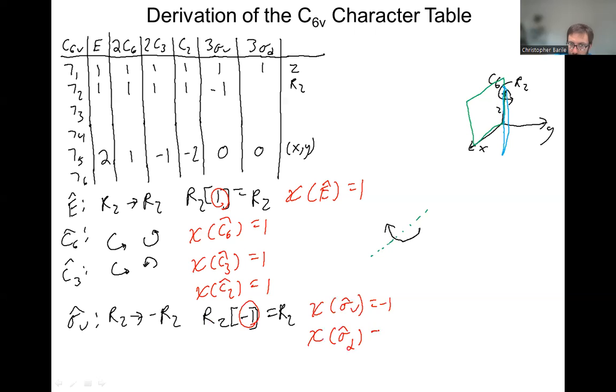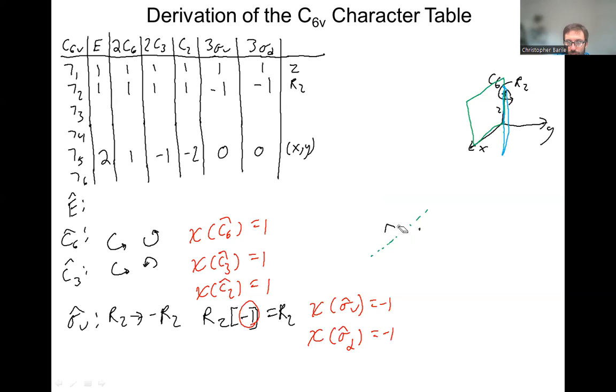So our chi of sigma d is going to be equal to -1. So that's kind of cool. And so we did indeed use this rotation vector to generate a new irreducible representation of 1, 1, 1, 1, -1, -1.